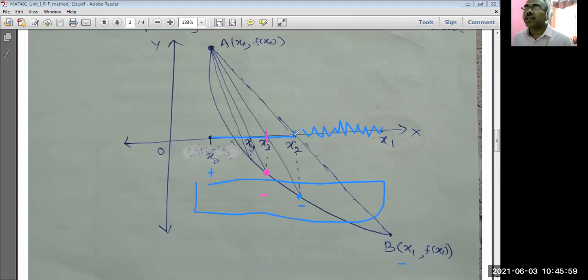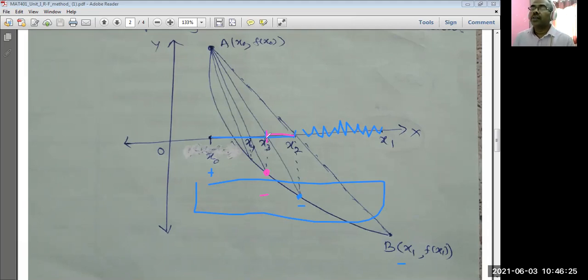In this part, f at x3 and f at x2 are both of the same sign, both negative, and therefore the root lies in the interval x0 to x3, the first part.